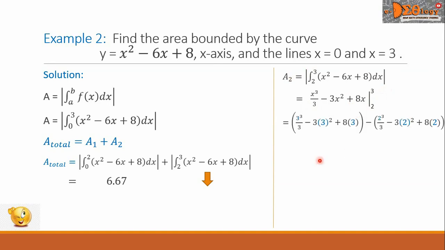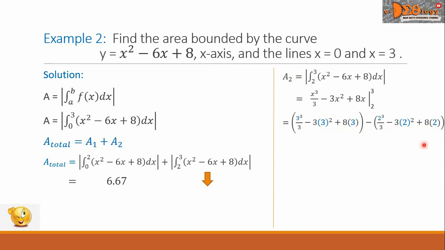Evaluating further, we have now 3 cubed over 3 minus 3 times 3 squared plus 8 times 3 minus the second group, 2 cubed over 3 minus 3 times 2 squared plus 8 times 2.